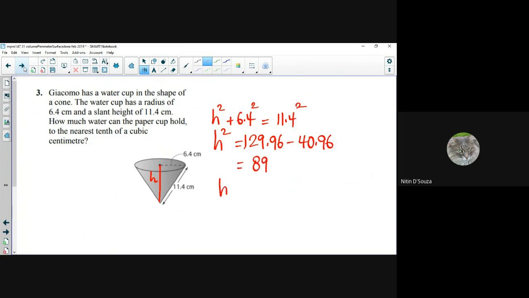So h is going to be the square root of 89, which is 9.4. So that's our height.